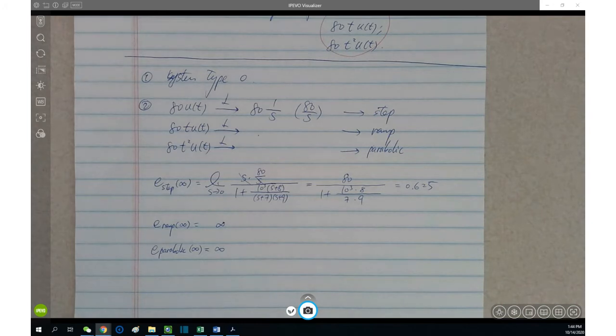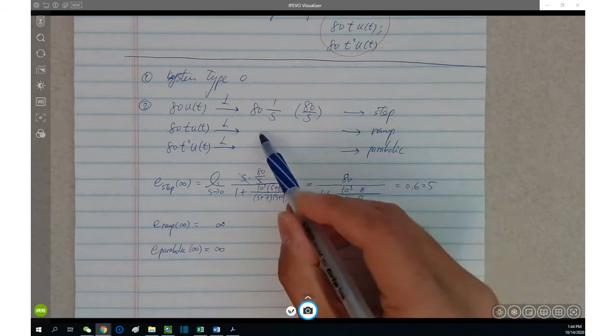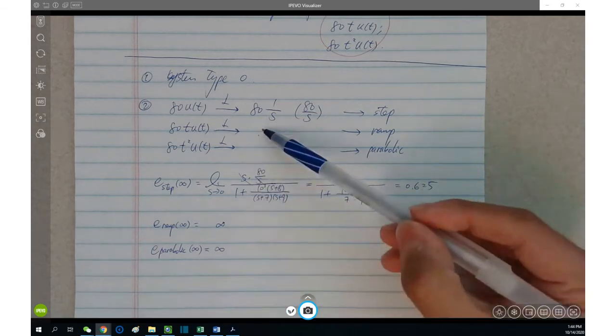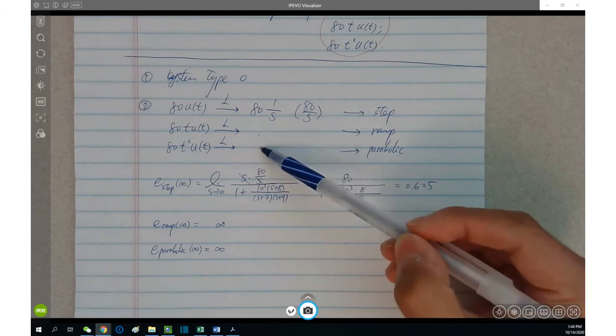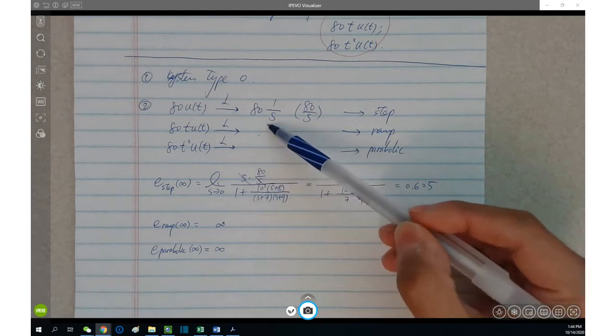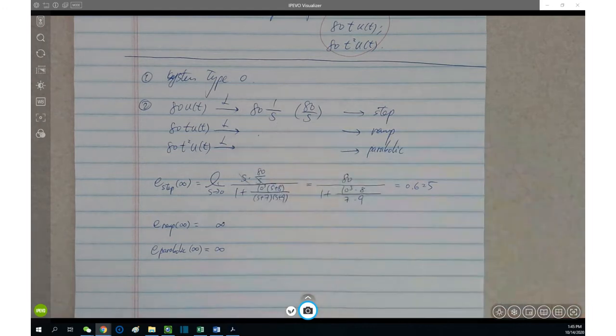And here, of course, we're missing a couple of things. First, I give you another 2 minutes to find out these two inputs in S domain. Find out these two. Another 1 minute. Go ahead.